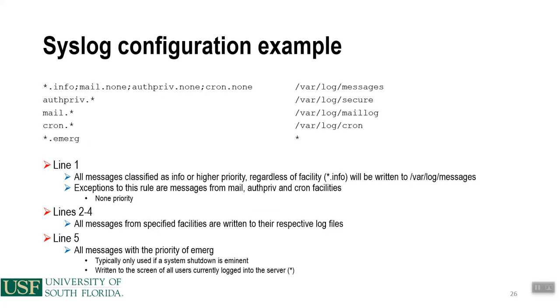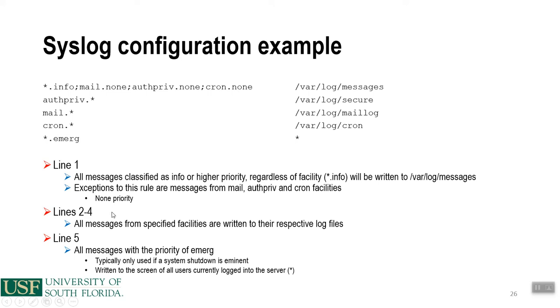A syslog configuration can be seen right here. In the first line, all messages classified as info or higher priority, regardless of the facility, star.info, will be written to /var/log/messages. Exceptions to this rule are messages from mail, authpriv, and cron facilities. So you can see that these are all exceptions to the particular rule.